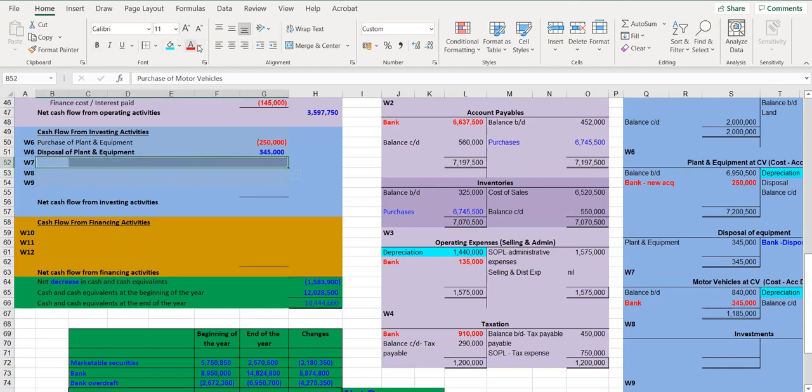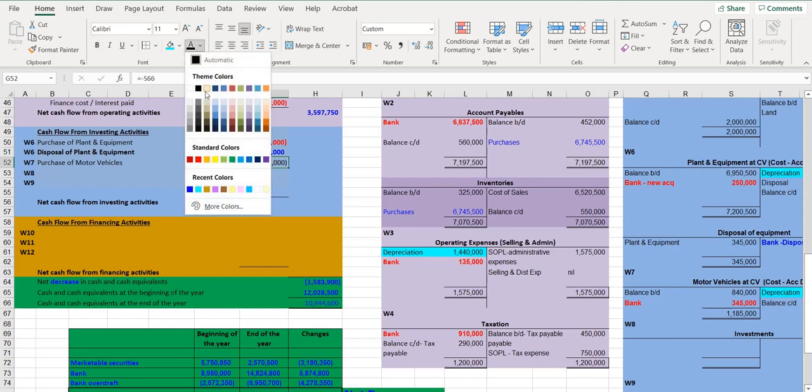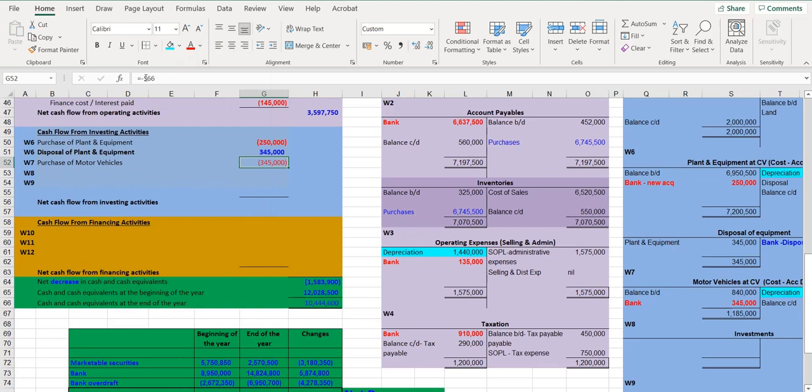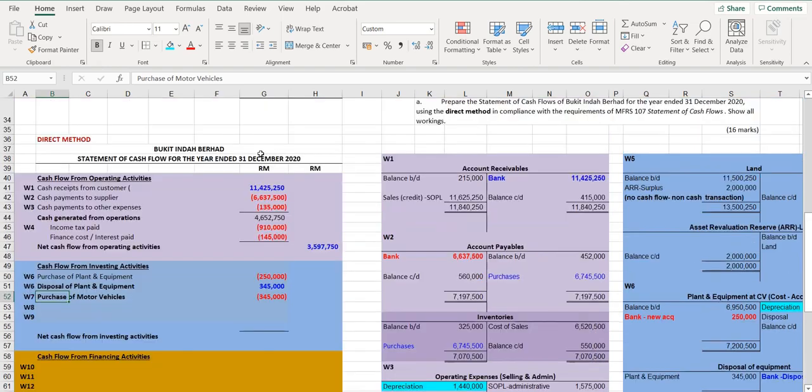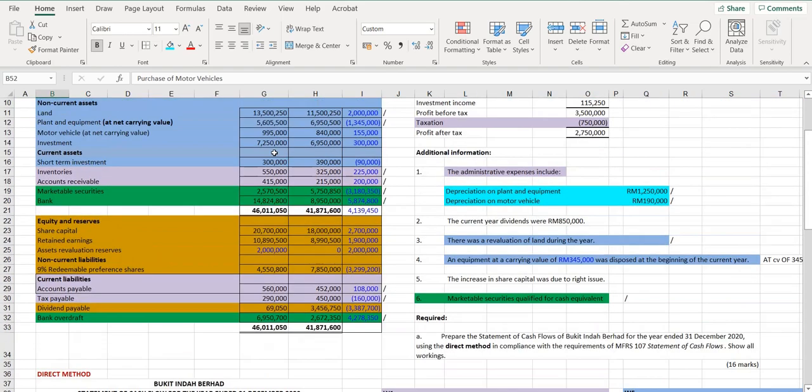So that one was actually an inflow, and this one was an outflow, so it's different. That's why I'm putting a different color here to differentiate what you have. Okay, next one, that was done for motor vehicle.